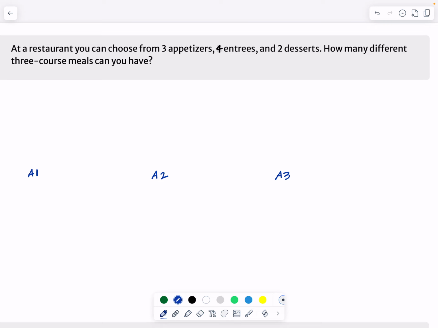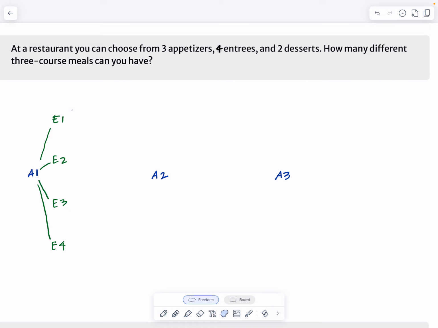And so I can think about those as being entree number one, entree number two, entree number three, and entree number four, right? And I can choose any one of those four. So if I pick appetizer number one, I now have four ways that I could pick that first appetizer and then an entree.